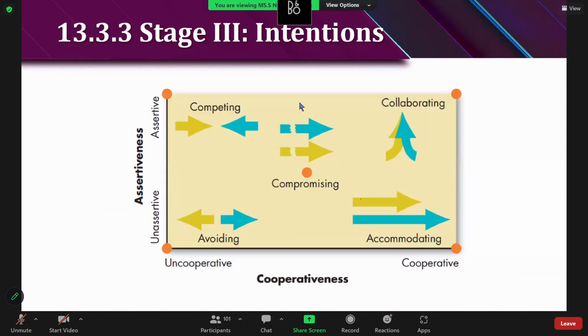Here you can see cooperativeness is high and assertiveness is also high. That means they are trying to satisfy their own needs while also satisfying the other party's needs. Both parties are trying to satisfy each other's needs. That means their intention is collaborating.